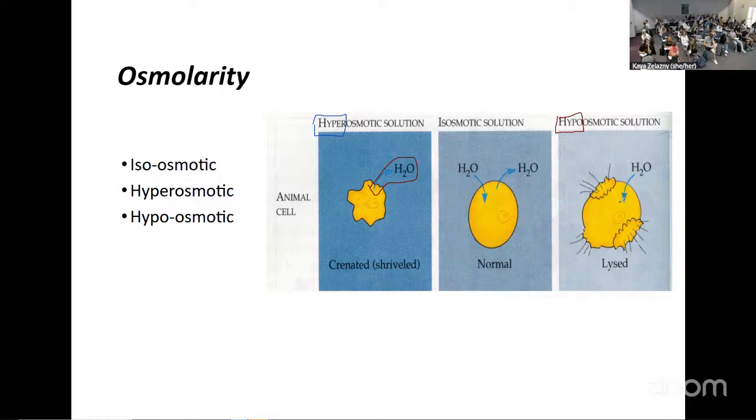And this could potentially happen to the point that a cell bursts or lyses in a hypoosmotic solution. Because cells interact with their environment, interact with the solutions they're in, this is part of why it's important to know what concentration is the fluid that you're giving someone, because this will have an actual effect on how their body is reacting.